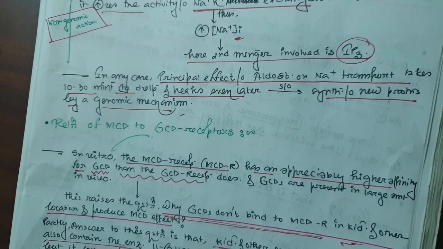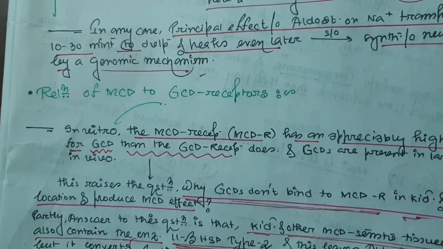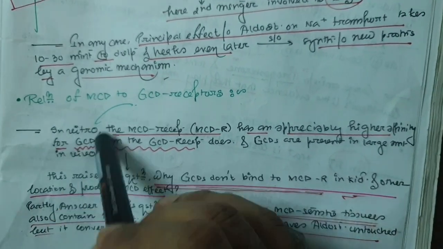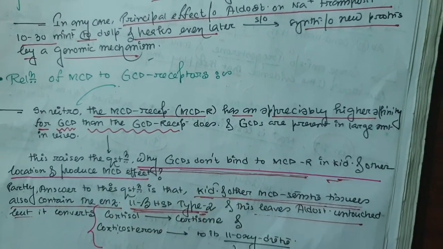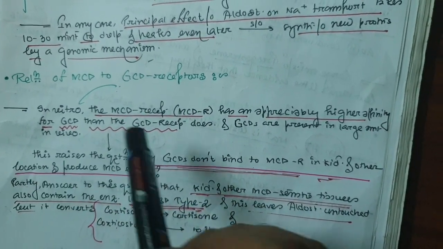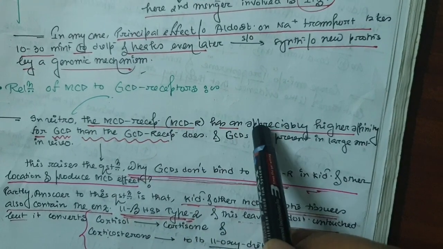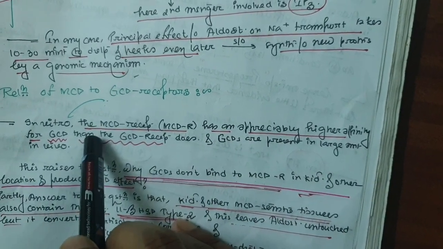Now, the relation of the mineralocorticoid to the glucocorticoid receptors. It is a very interesting thing. Now, in vitro, that means in research, when we take some samples and test outside of the body, the mineralocorticoid receptors, or MC-R, have an appreciably higher affinity for the glucocorticoids.